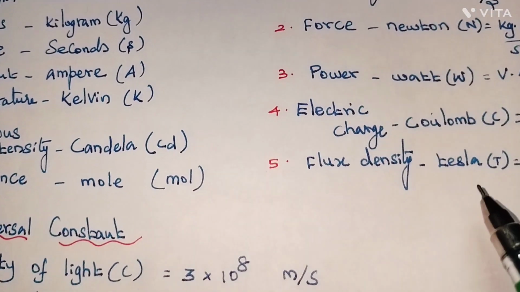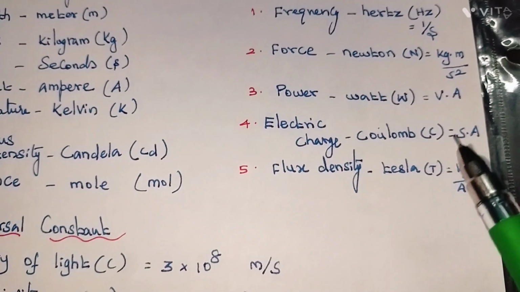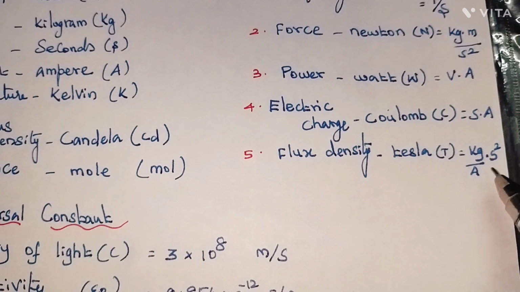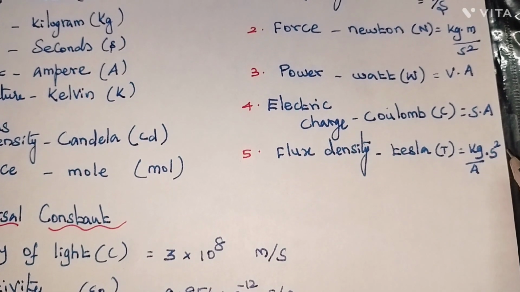Flux density is the tesla, which is kilogram divided by A times S squared.